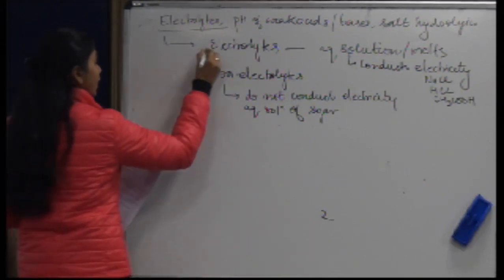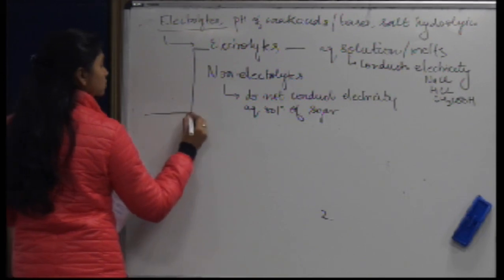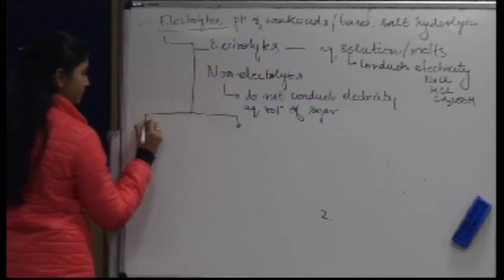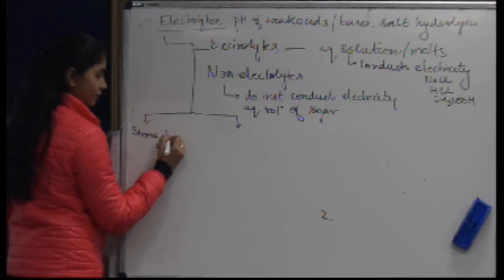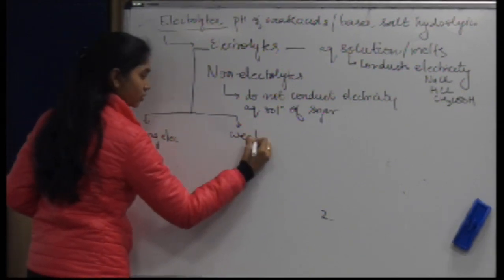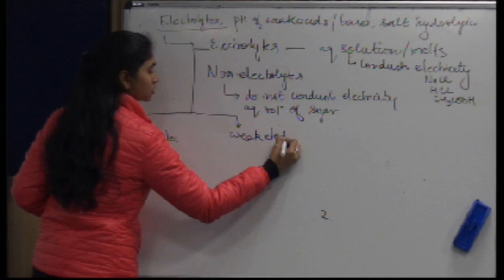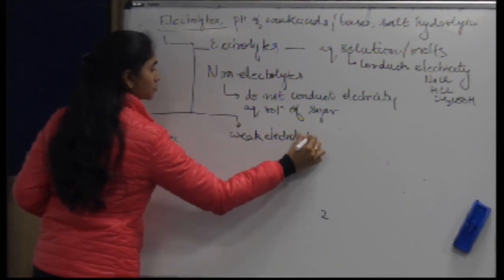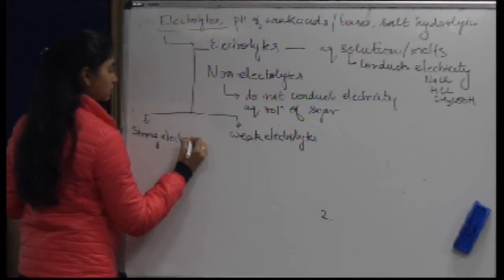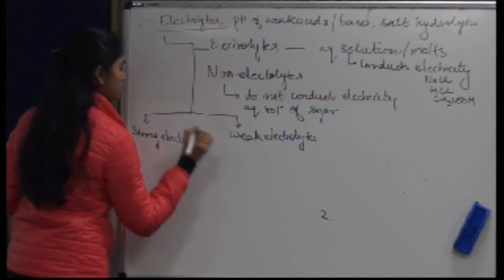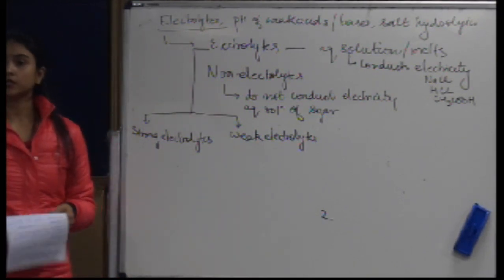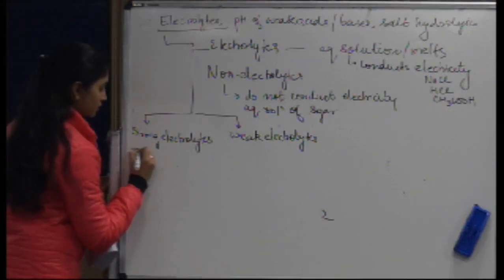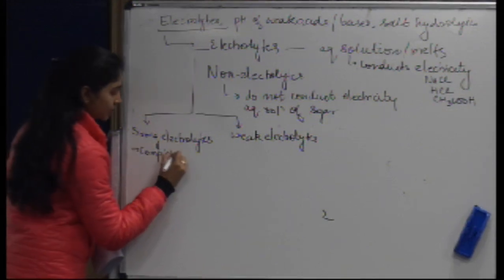Further, you can divide your electrolytes into two categories: weak electrolytes and strong electrolytes. Strong electrolytes means there is complete dissociation.